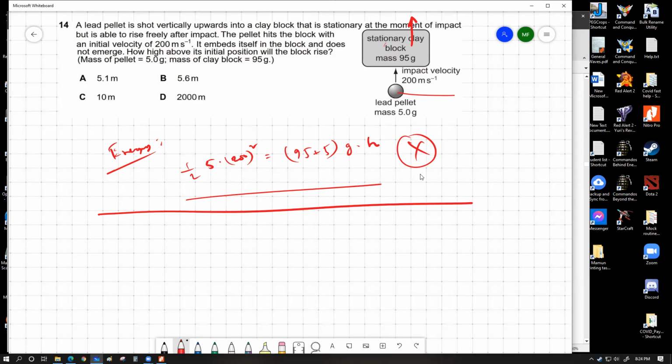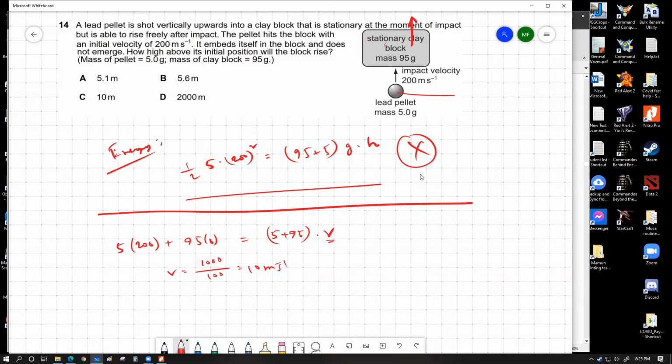Let me show you piece by piece. 5 into 200 plus 95 into 0 should be equal to 5 plus 95 into V. This is the equation for conservation of linear momentum. So this ultimately gives us V equals 1000 divided by 100, which is equal to 10 meters per second.